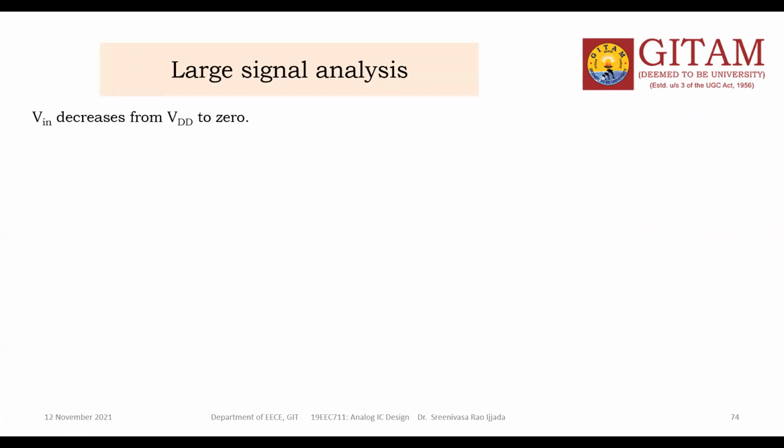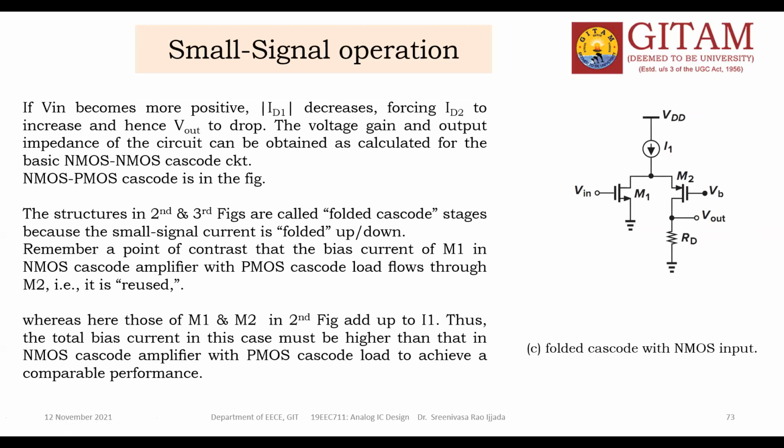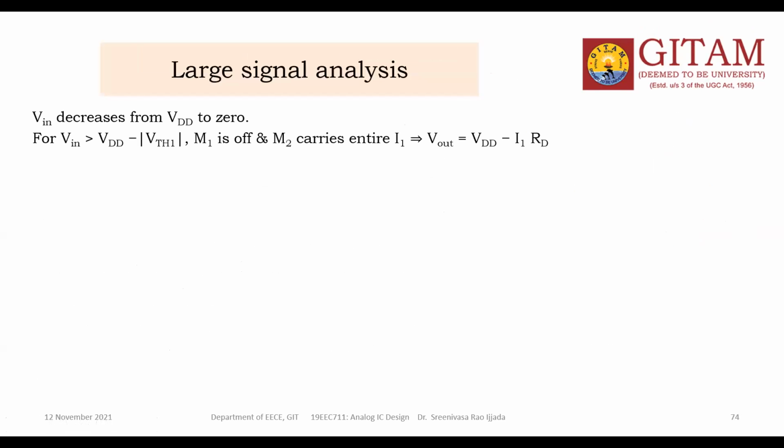So the next case. What is the output voltage? Output voltage is equal to VDD minus I1 into RD. I am talking about the basic circuit; RD is the above resistance.